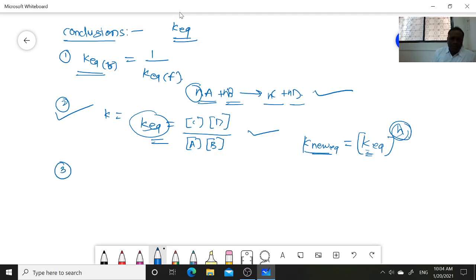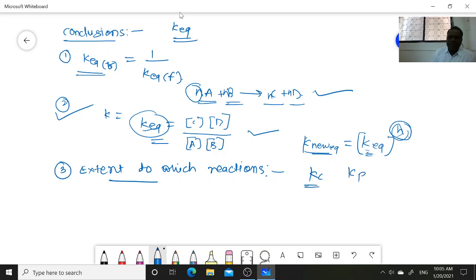Number three, the equilibrium constant is the expression of the extent to which the equilibrium reaction proceeds. That is the conclusion. What? Kc or Kp.